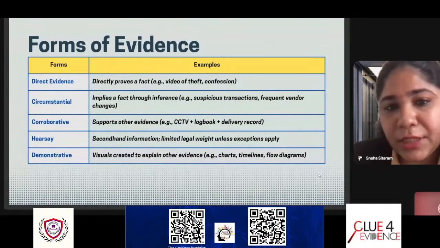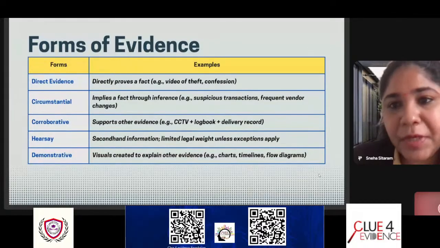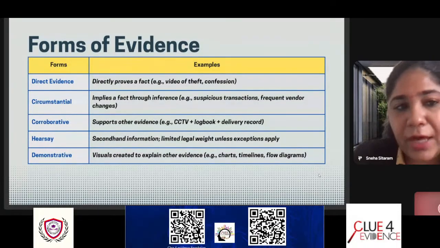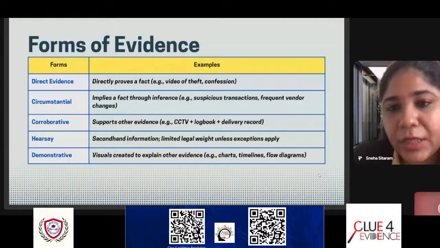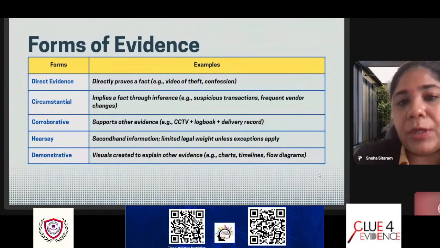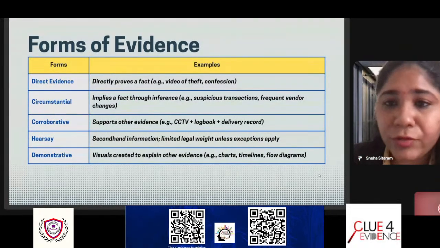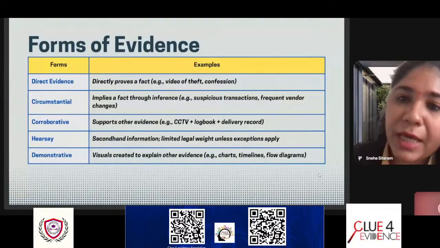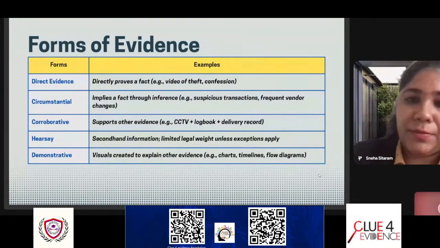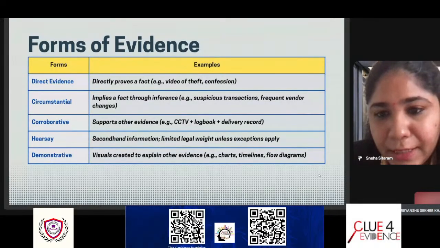So circumstantial evidence is with that particular period, and whatever has been reported, this actually fits with what we have heard and what we have seen through the review. So that would turn out to be the circumstantial factor over here. So these are all the forms of evidence we have seen. Can we move to the next slide?